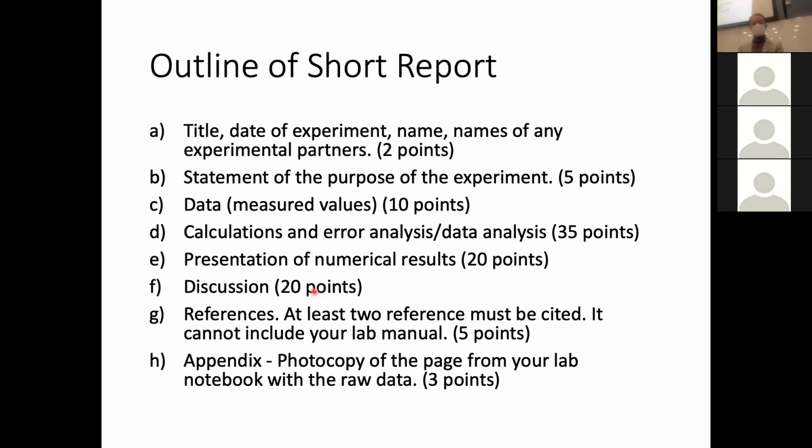Maybe you want to discuss what might have gone wrong, how the experiment could have been improved, what might be done to follow up if there's something that remains unclear. And then you're going to include at least 2 references that need to be cited, not including your lab manual. And finally, you need to include a photocopy of the relevant pages from your lab notebook showing the raw data.